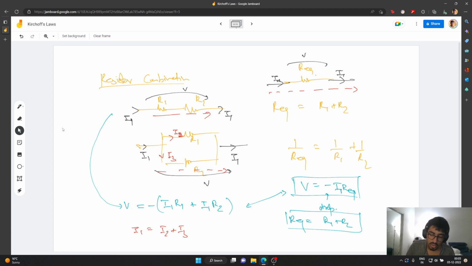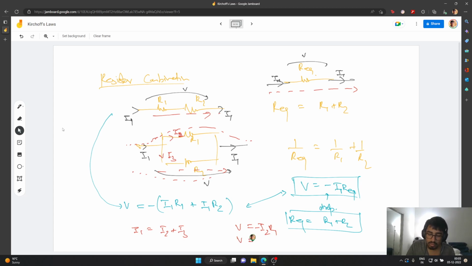So then let's see the voltage drop V that's there. When we are going from left to right, we can either go through the top one or through the bottom one. So the voltage drop should be V across both. If we go through the top one, then voltage V will be equal to minus I2 R1.